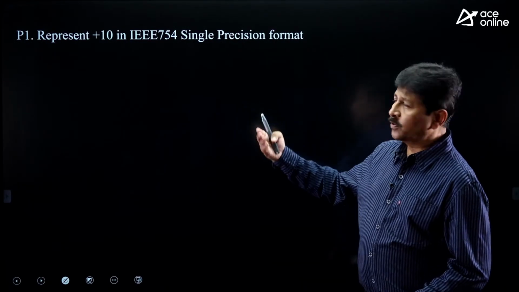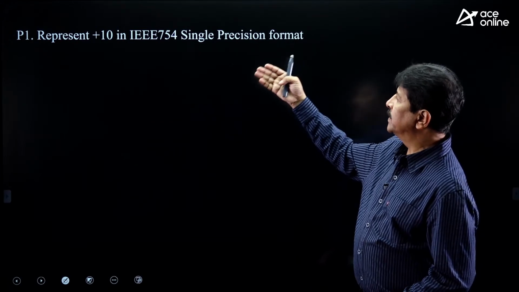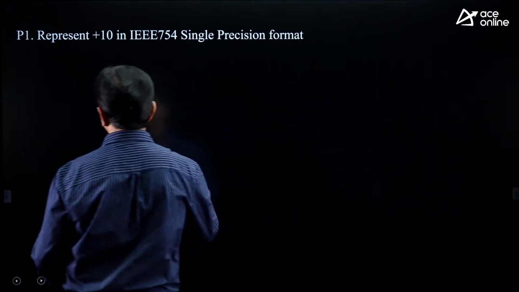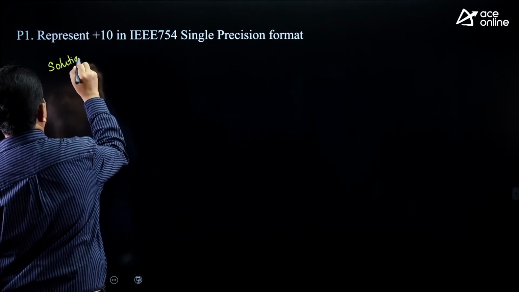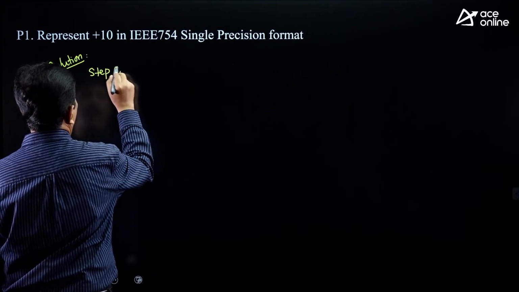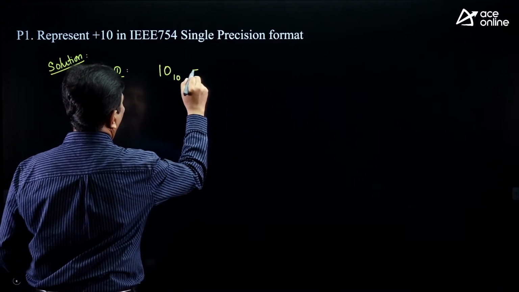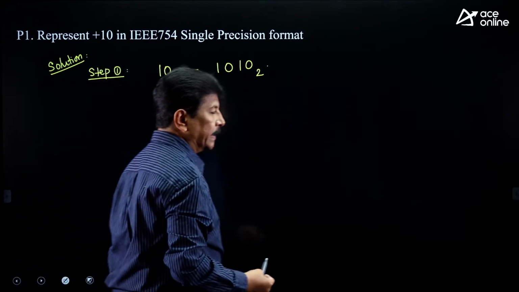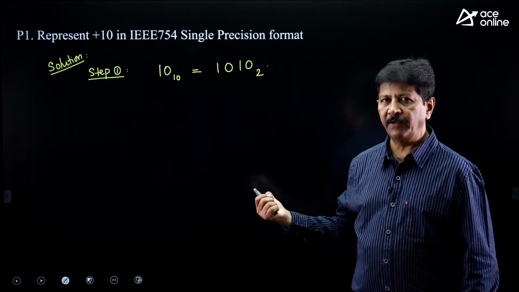Okay, so sometimes a question will come: represent 10 in IEEE 754 single precision format. I quickly show this. Step number 1, write the given decimal value in binary form.